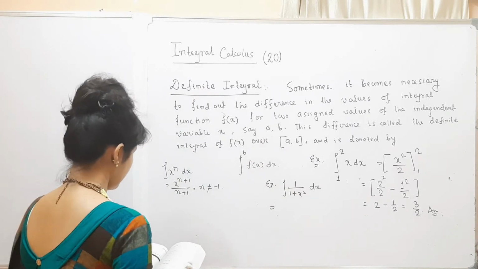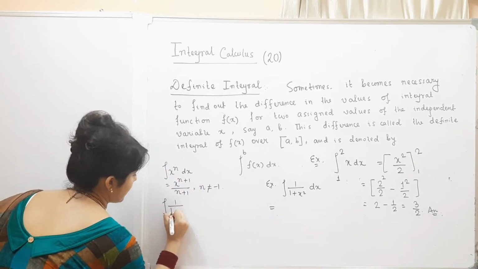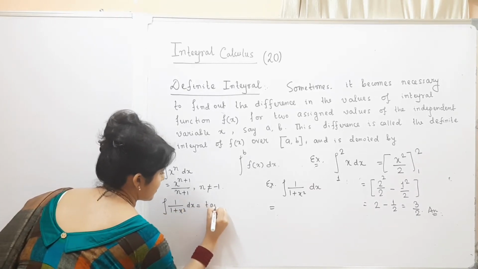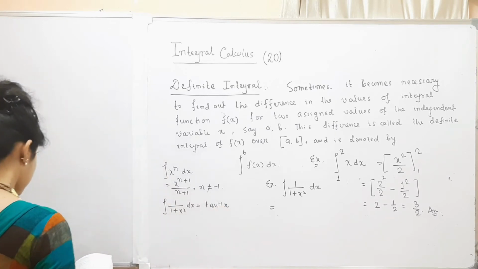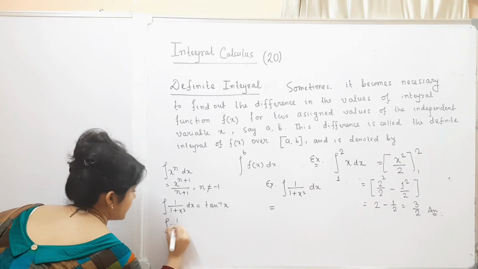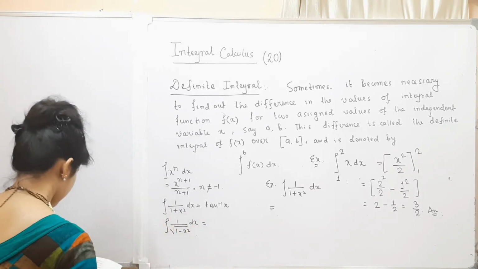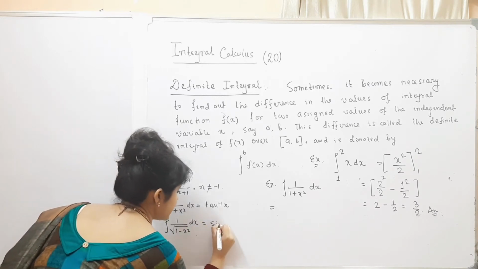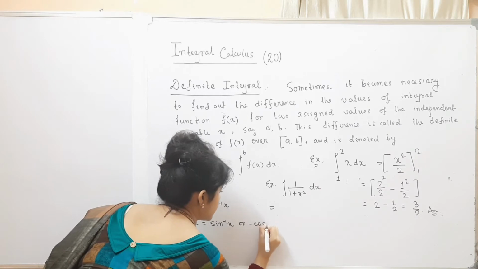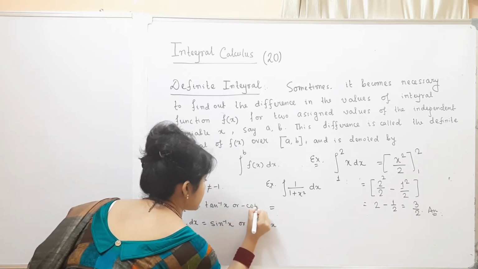You always know, I forgot to mention this, that integration of 1 by 1 plus x square dx will give you tan inverse x. And integration of 1 by root over 1 minus x square dx will give you sin inverse x or minus cos inverse x, and tan inverse x or minus cot inverse x.